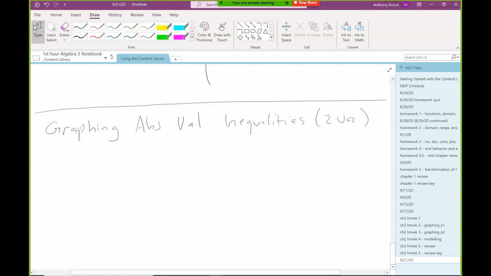But I'm just going to dive right into an example because most of the work is identical to what we've just done. Everybody okay with that? So let's say we want to graph y is less than negative absolute value x plus 2 plus 1.